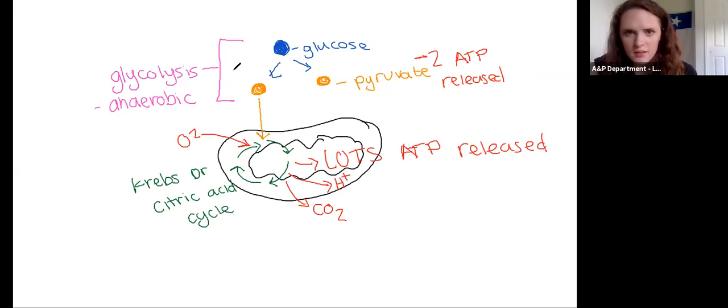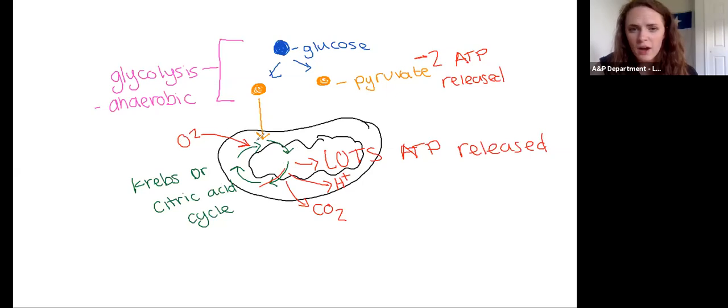So again, going through this, one glucose molecule breaks down into 2 pyruvates, releasing 2 energies or ATPs in a process called glycolysis. This does not require any oxygen, so it's called anaerobic. That pyruvate molecule, both of them, but just one for the sake of the drawing, is going into the mitochondria, where it goes through a series of reactions called the Krebs or citric acid cycle.